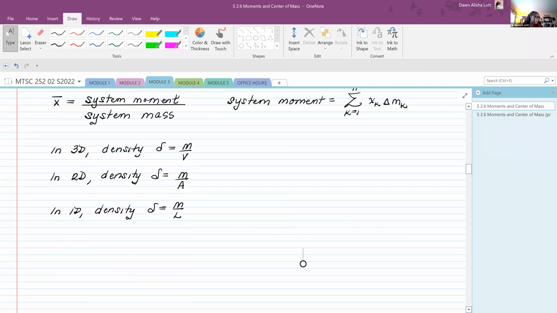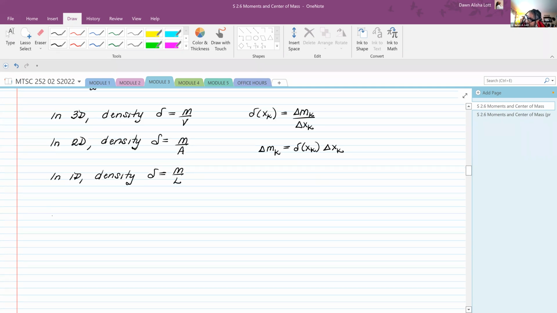All right, so density is the mass delta mk divided by the length delta xk. So now I get delta mk is delta of xk times delta xk.